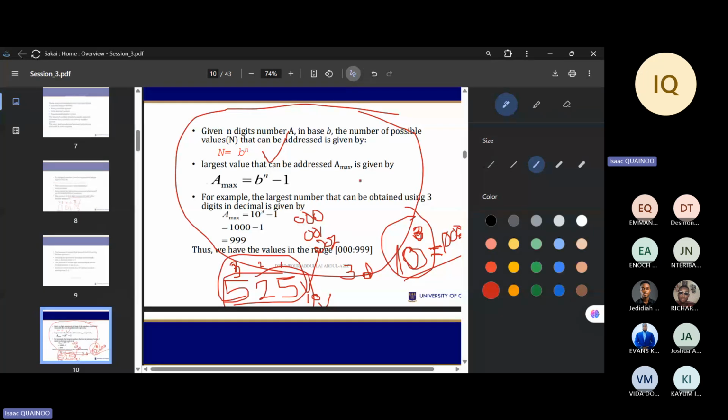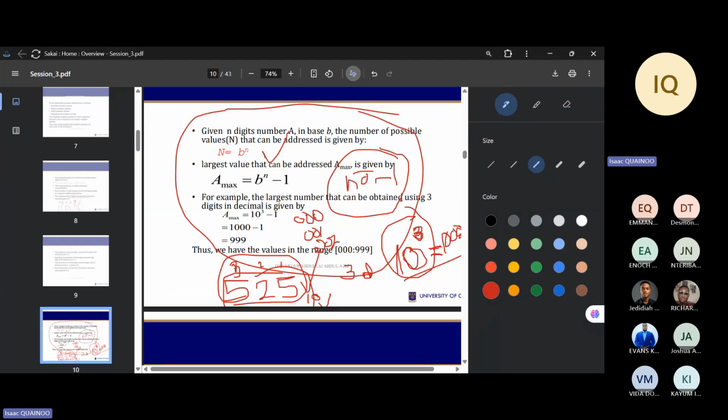So we can call it the number of representations minus 1, okay. So you take the number of ways that that particular number with a given number of digits can be represented, and then you subtract 1 from the result.